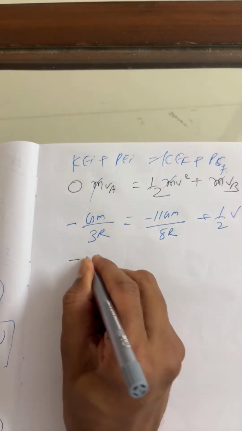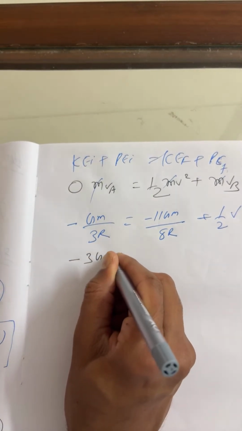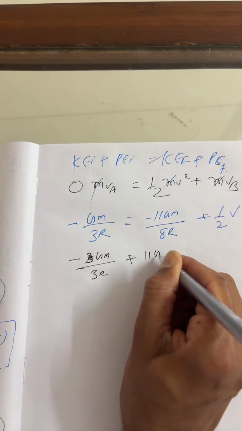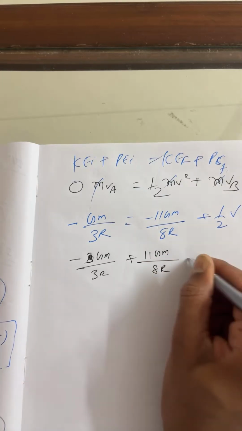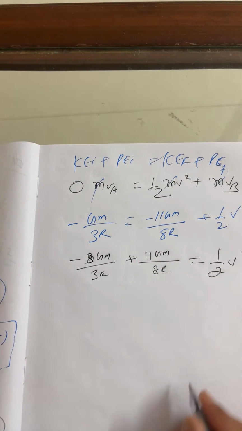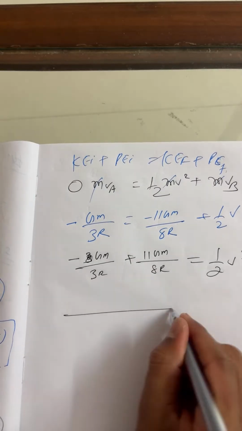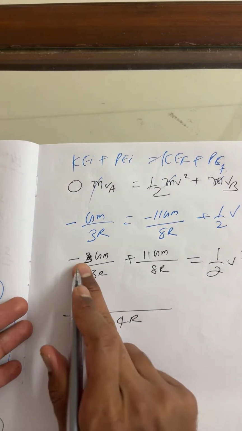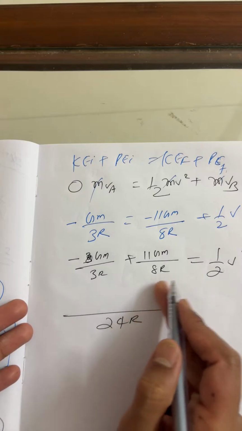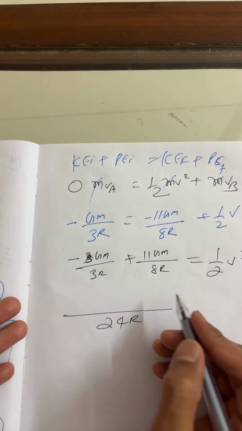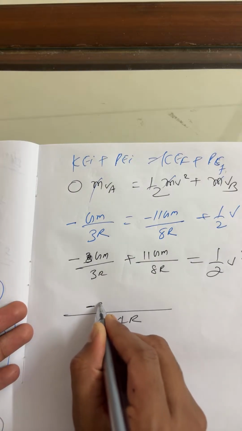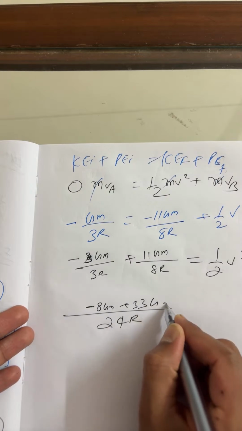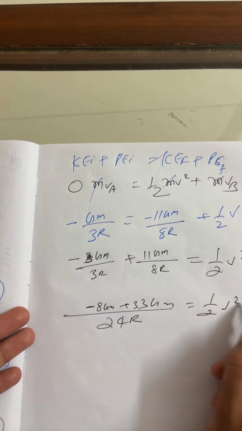This comes to the other side: minus GM by 3R plus 11 GM by 8R equals half v square. 8 times 3 is 24, so 24R. So minus 8 GM plus 33 GM over 24R equals one by two v square.